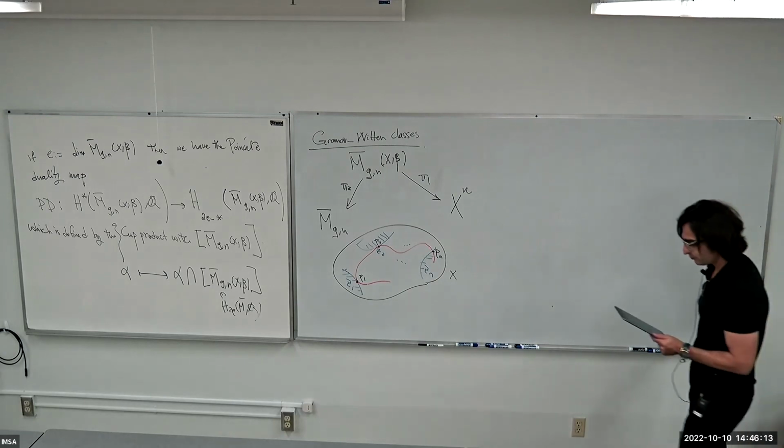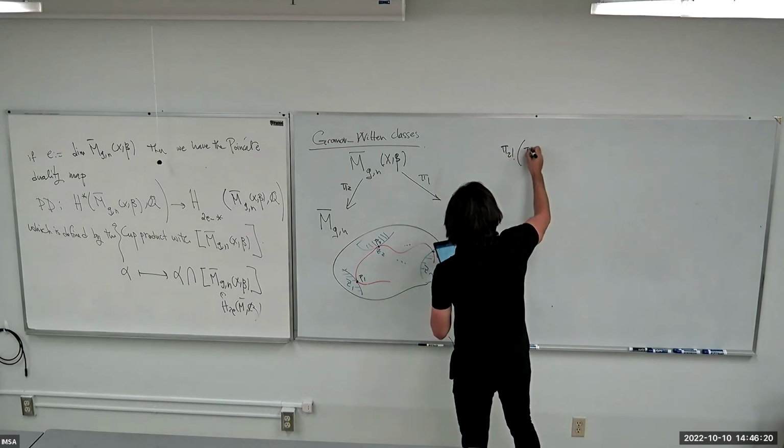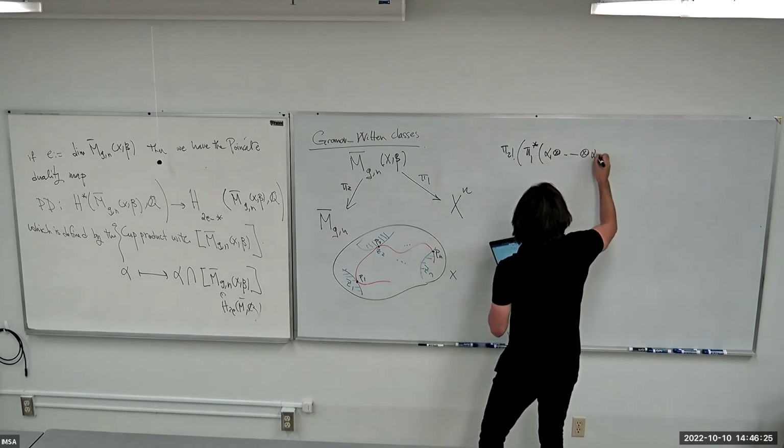So I can take pi 2 lower shriek of pi 1 upper star of alpha 1 tensor alpha n.